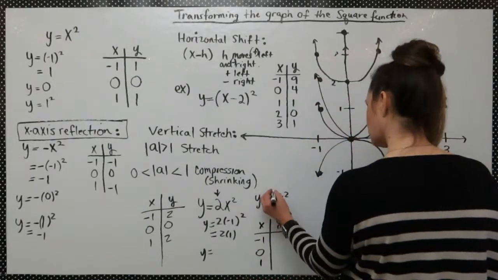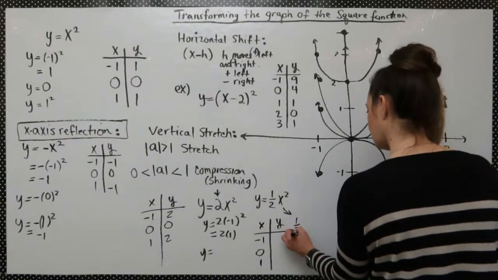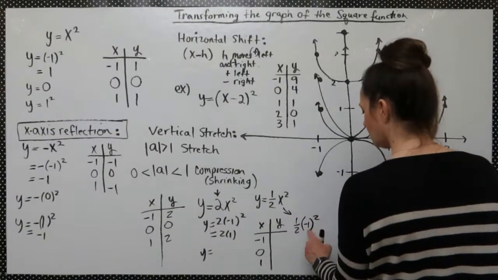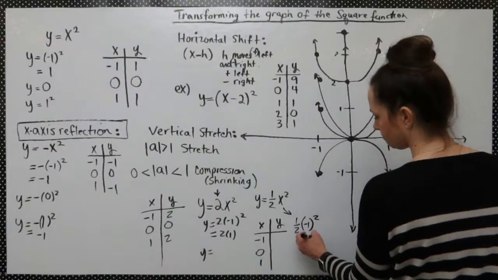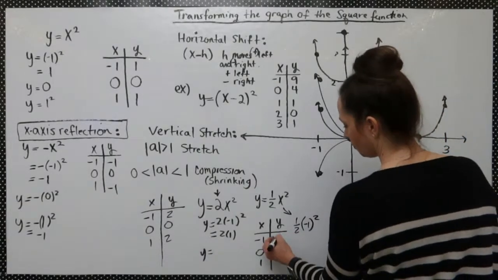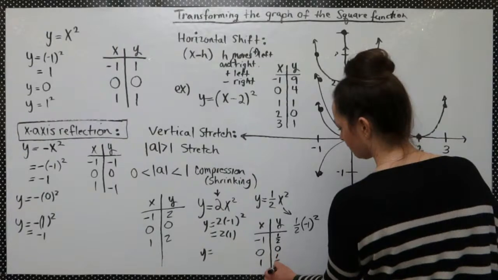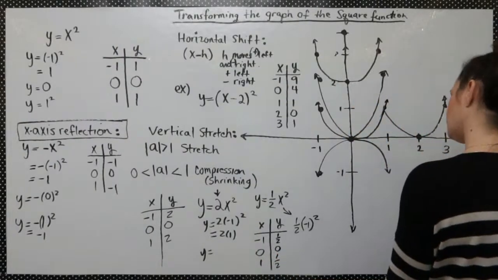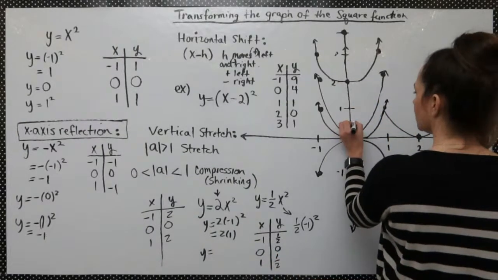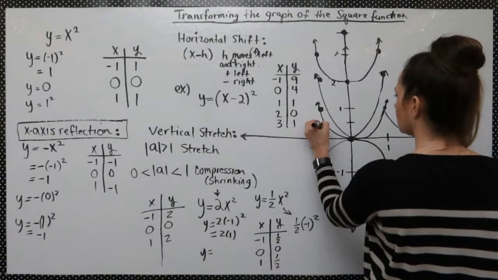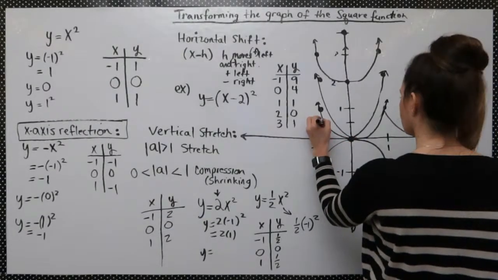And when you plug in -1 here for 1/2, that's 1/2, and then 0, and then 1/2. So at -1, you're at 1/2 now. Got this one.